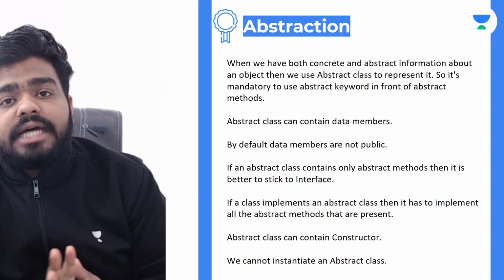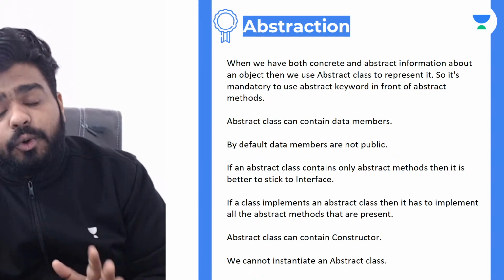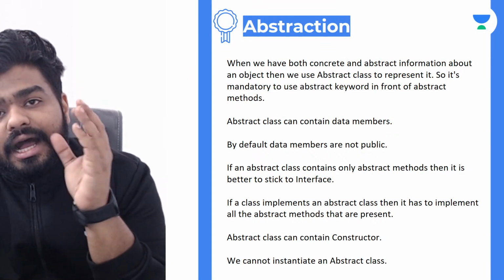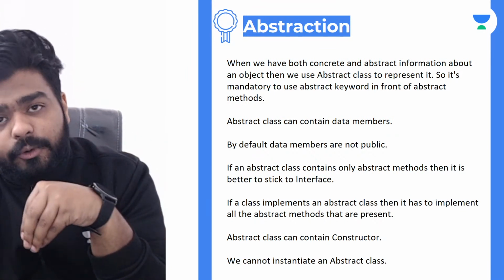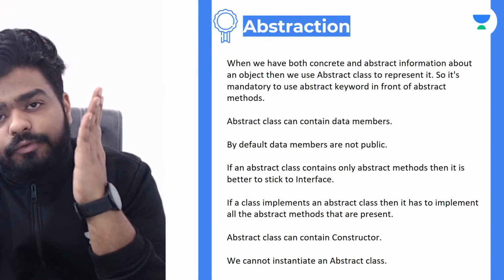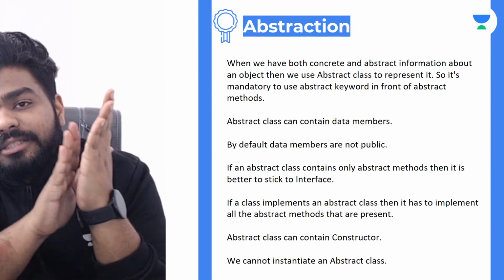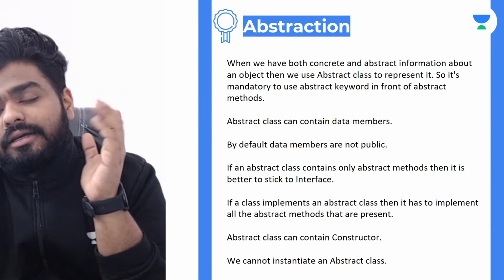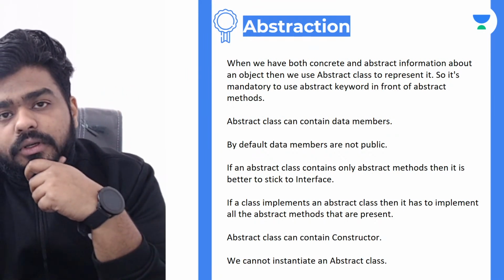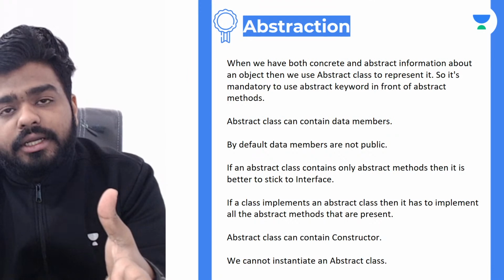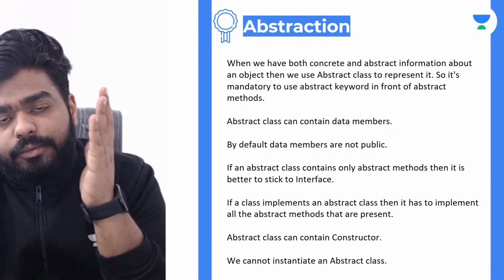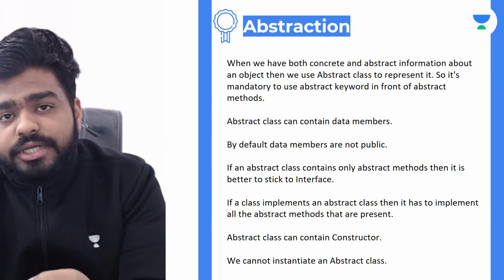So my blueprint is half known, half unknown. Will you be able to use this blueprint to create that car object? No, right? If you know only half the information, you won't be able to create an object, correct?